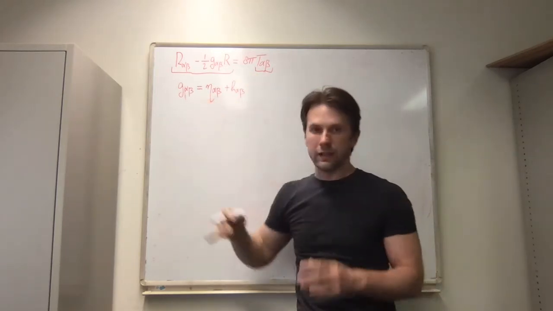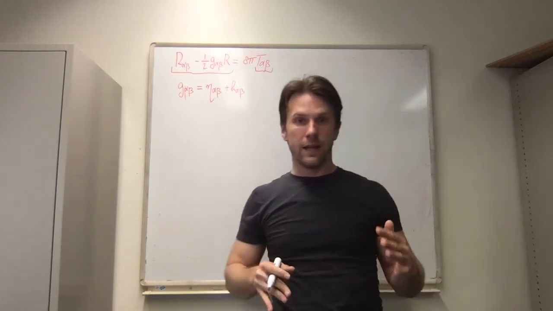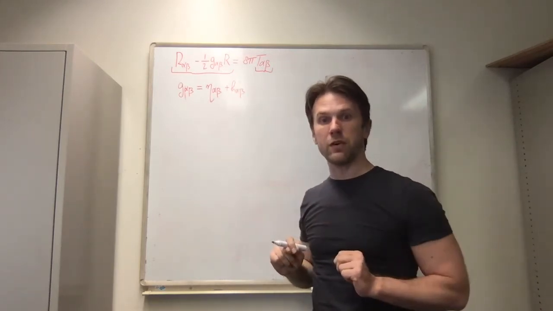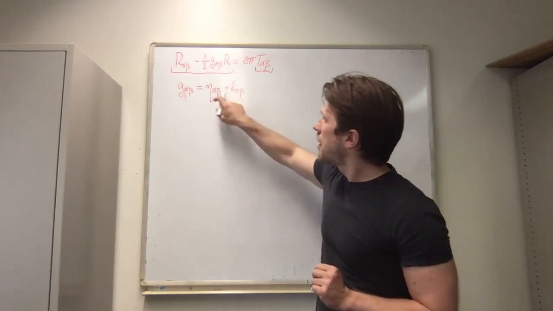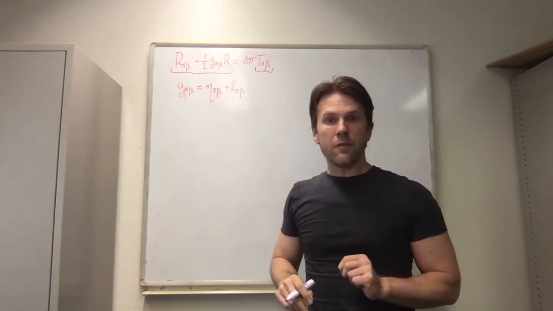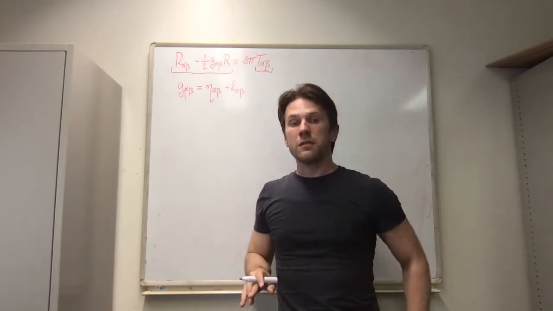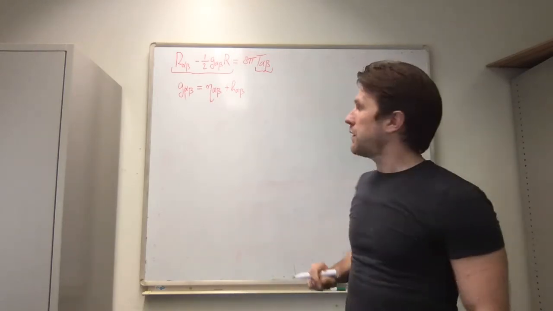And by Minkowski, I mean exactly what I meant before, namely that the gravitational wave, which is going to be this perturbation on top of the Minkowski, travels on top of something that itself is not curved.